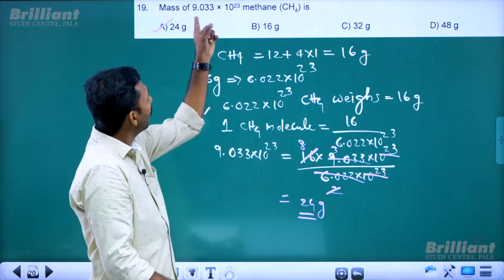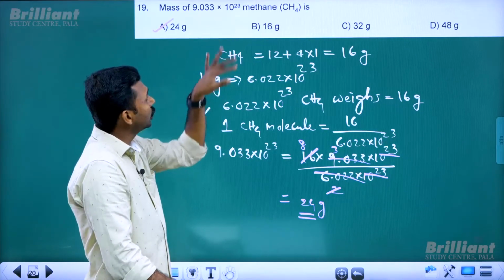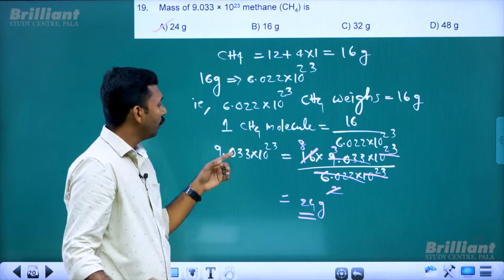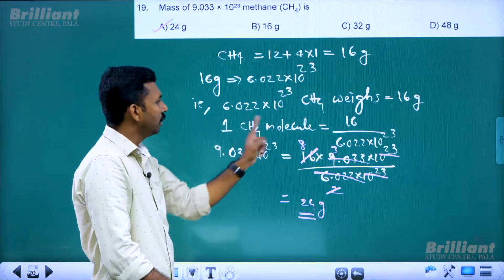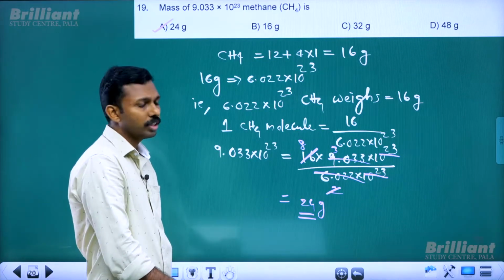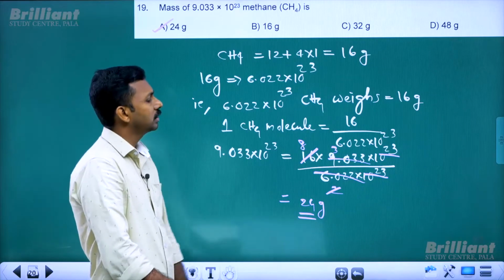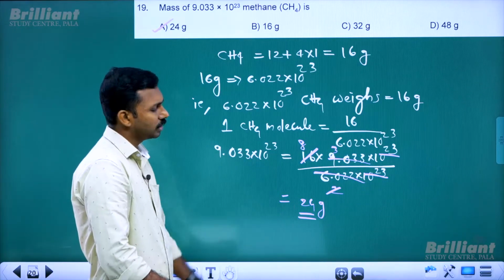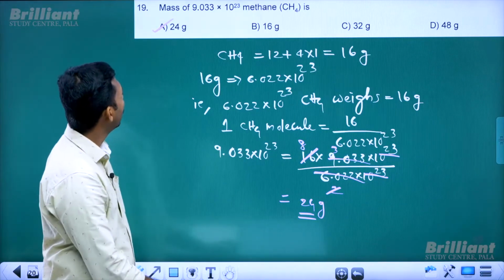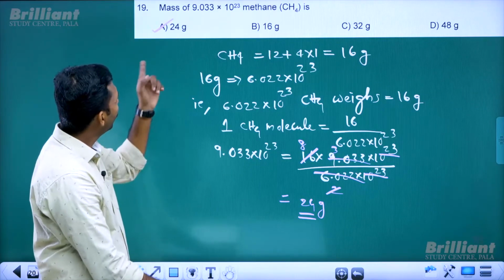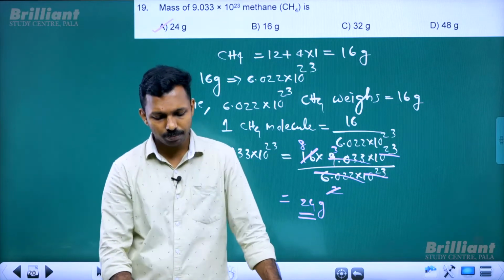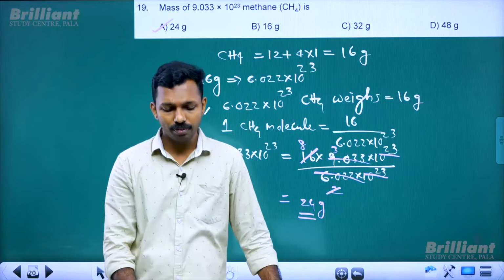Then it is given that 9.033 into 10 raised to 23 molecules of methane, so we multiply with that and cancel it out, and we will get the answer 24. So the answer is option A, 24. So for the 19th question, the answer option was 24 gram.